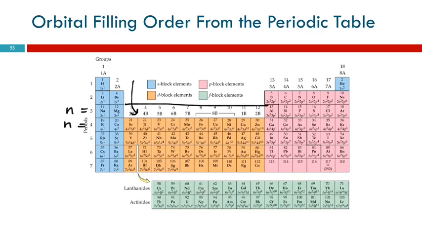So in that D block, it's n minus 1, because it's sunk. So this looks like it should be 4D, but it's 3D, and then this would be 4P, and 5S, and now that sank again. This is 4D, and 5P, and 6S. And then we get some other wackiness where these are sunken. I'm not going to make you do any of those on an exam.